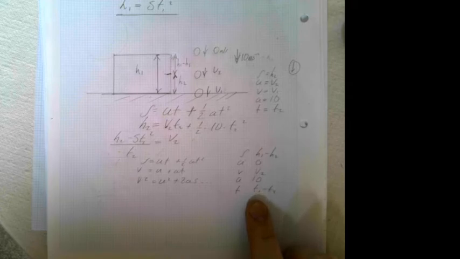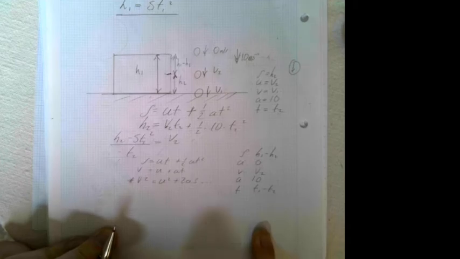Well, if I involve time in this, then I'm also going to be bringing in T1, which is a measure I've not got any bearing on. I started my stopwatch when this barometer was already falling and falling past me. So I'm going to have to use one of these which doesn't involve time. I'm going to use V squared equals U squared plus 2AS, which is going to be quite nice actually, because the U squared is going to become 0.